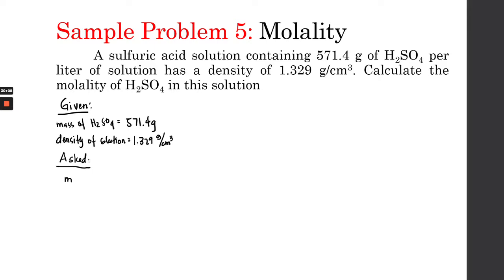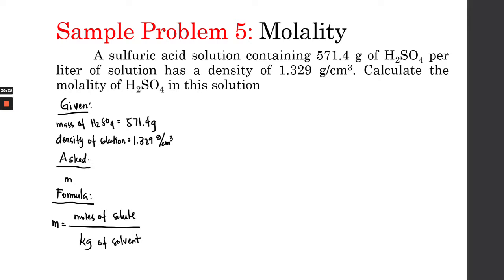So let's write our formula. Let's remind ourselves what the formula is. Molality is equal to the moles of solute divided by the mass, in terms of kilograms, of our solvent.